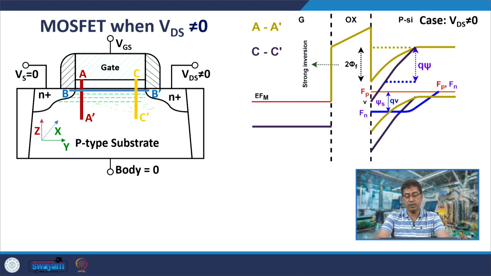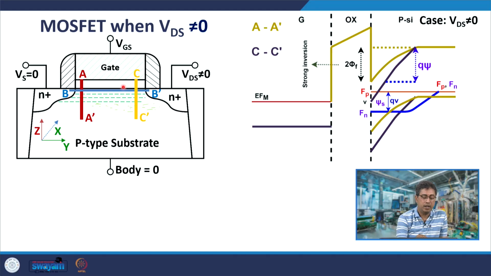For this, we first need to understand the quasi-Fermi levels in depletion regions. If we look at this channel, suppose this is inverted. Then you have high electron concentration along this line B prime, which is close to the silicon dioxide interface, and very high hole concentration in this neutral P region.